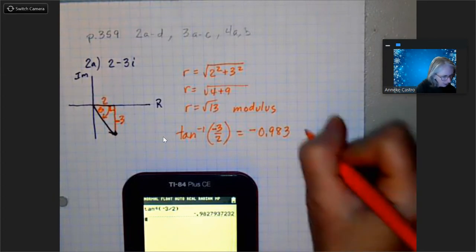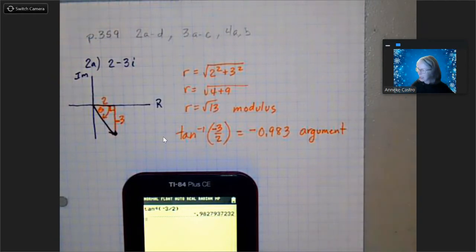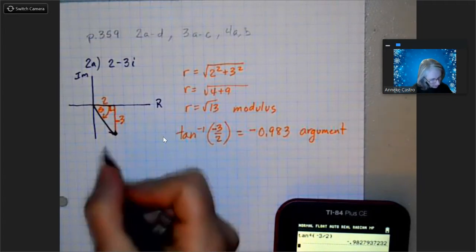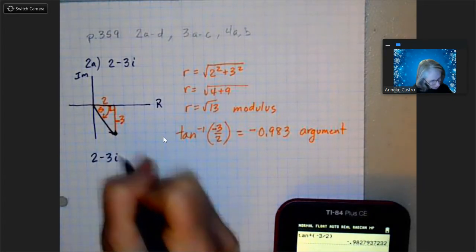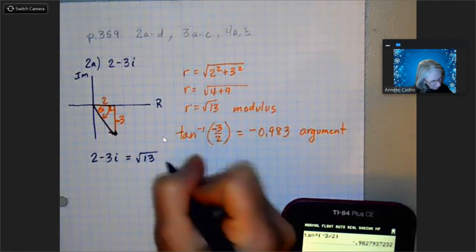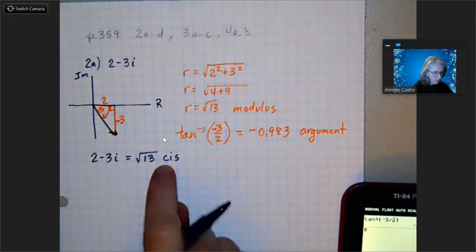So this would be called my argument. That's my argument, is that one right there. So then if we were to write the answer for this imaginary number in modulus argument form, we would write, okay, so 2 minus 3i, if we're changing the form, we write the modulus first, square root of 13, and then we write cis, which stands for cosine plus imaginary times sine, or sorry, minus.